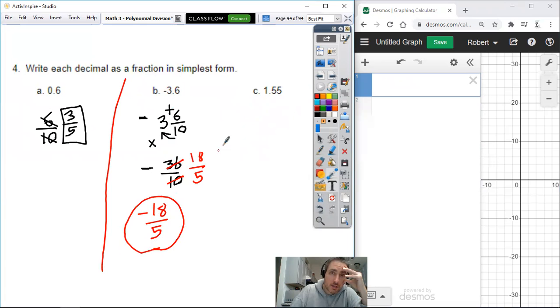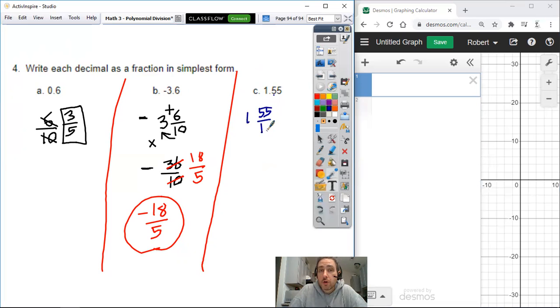And then last, negative 1.55. 1 and now 0.55 is 55 hundredths. So 1 and 55 over 100. Now we can surely reduce that 55 over 100 first if you'd like. If you divide both of these by 5, that's going to be 11 over 20.